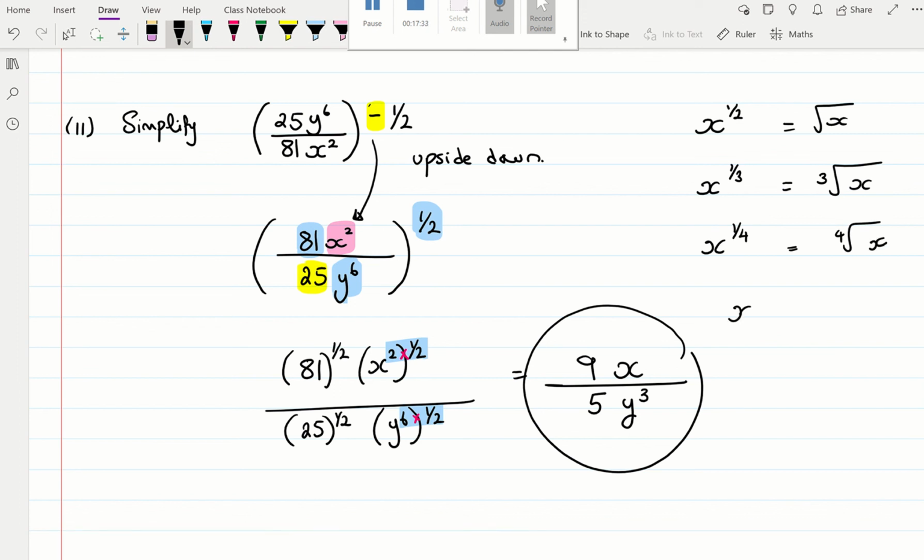And when that changes and you have 2/3, for example, it's the cube root of the number squared. So that is your root, and that is your power over there. So that is very quickly GCSE indices.